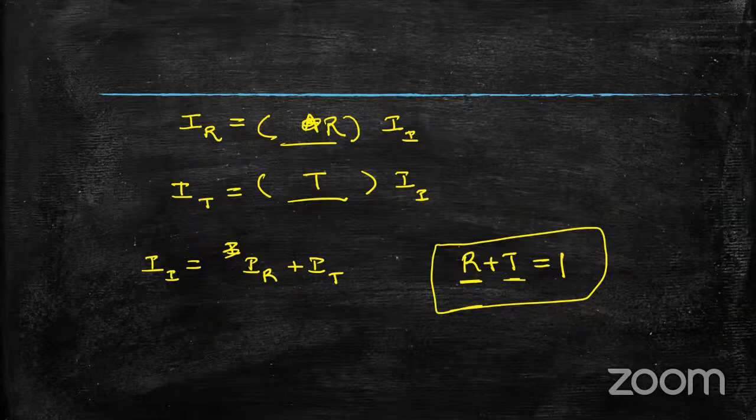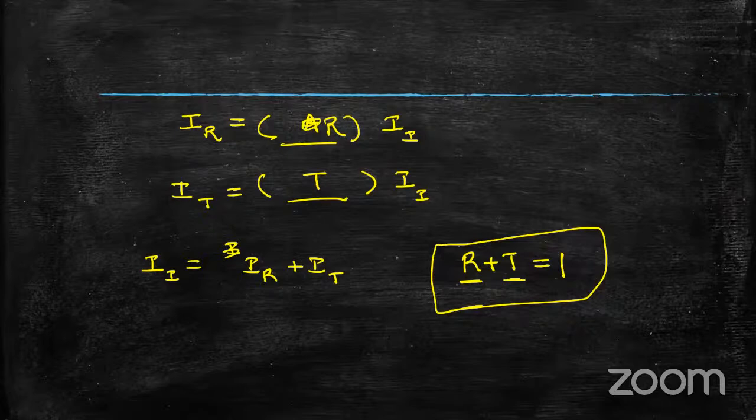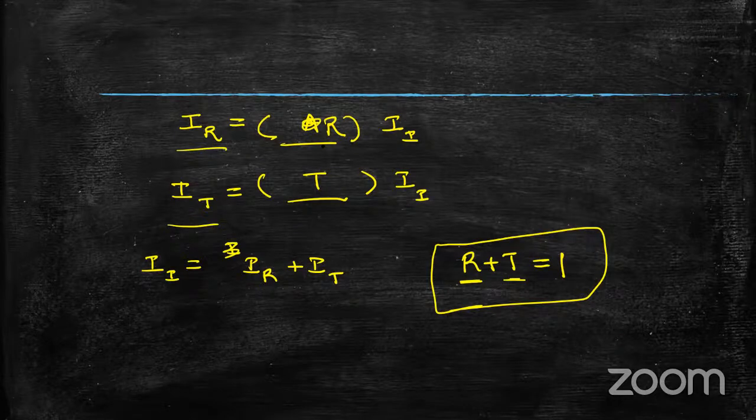You can put a sensor there also, and looking at them you can find out V1 and V2, because it will give you IR and IT. Once you get IR and IT, they are connected to R and T. So basically you get R and T. R and T will have V1 and V2 built in, right?